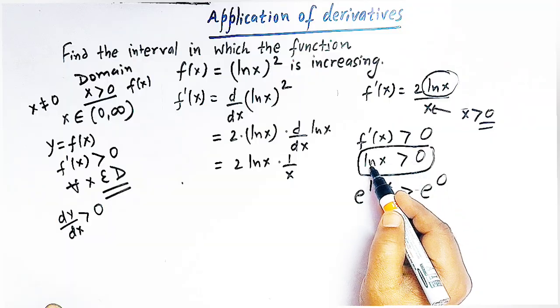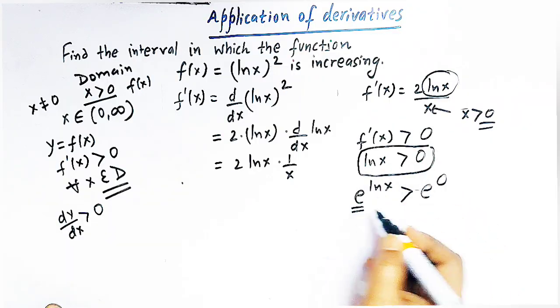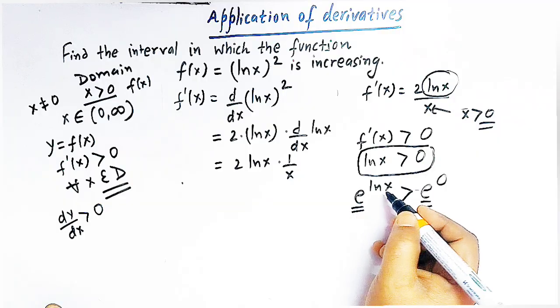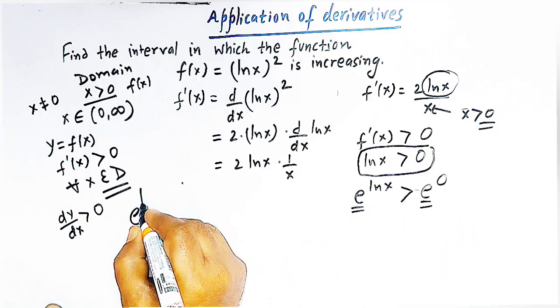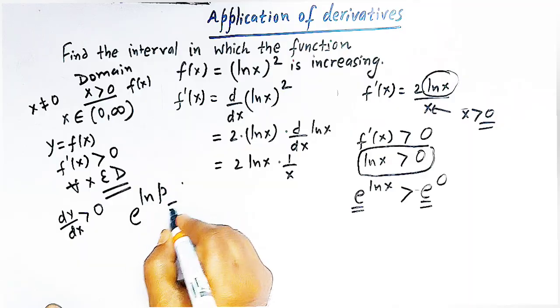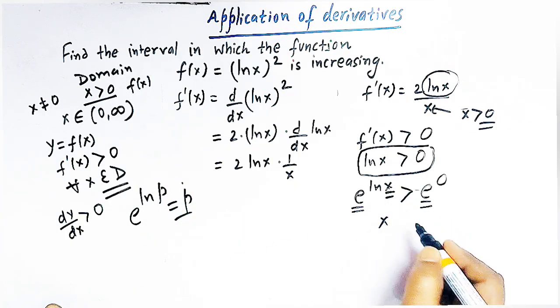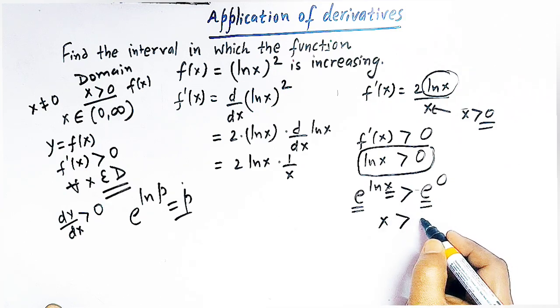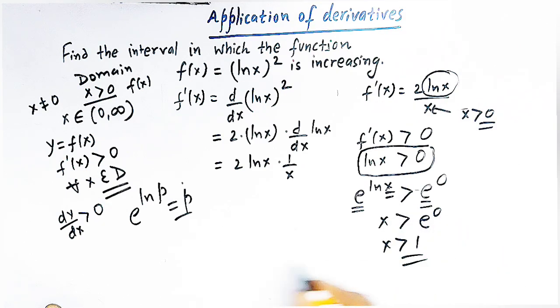From an important result we know that e raised to natural log of p is equal to p. So here we have x greater than e raised to 0, and e raised to 0 is 1.